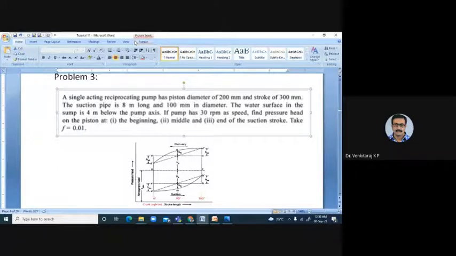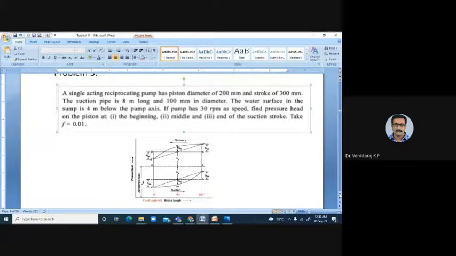We are also given the value of the friction coefficient. The diagram which you see now is the indicator diagram of a single acting reciprocating pump with friction and acceleration effects taken into consideration.